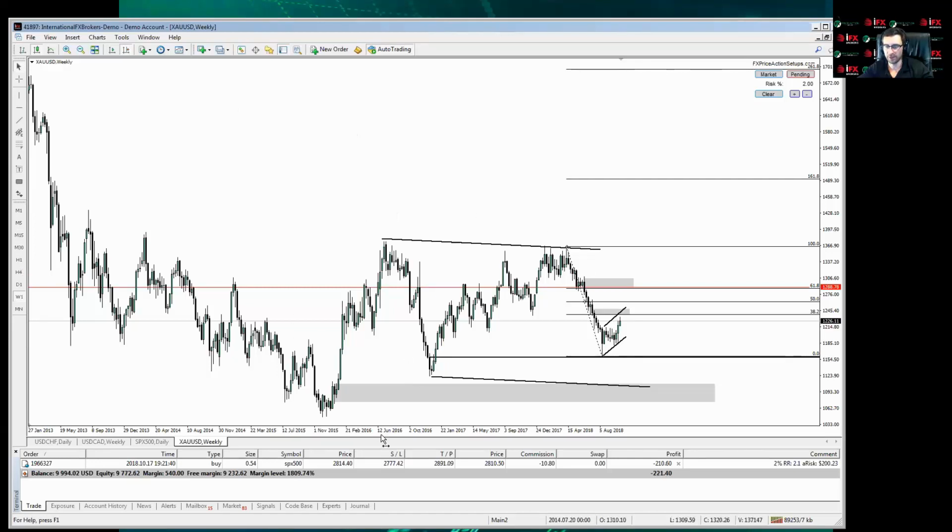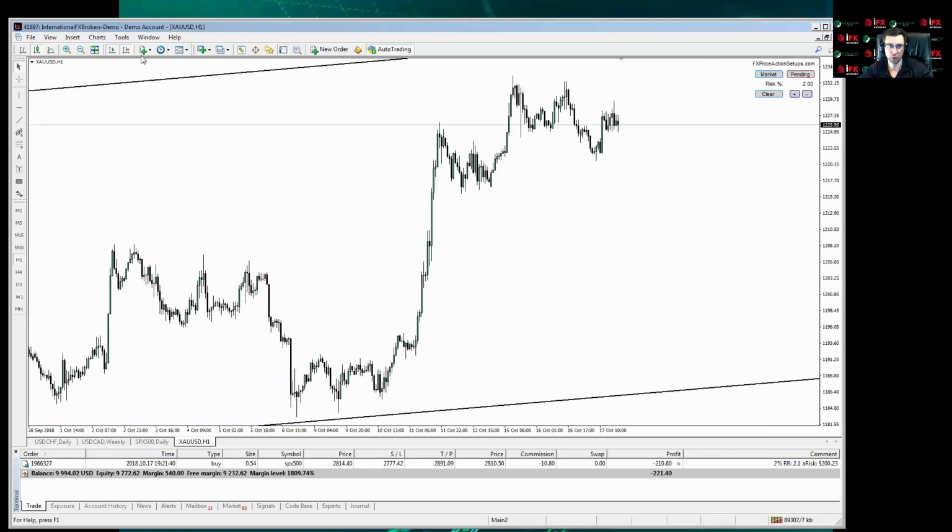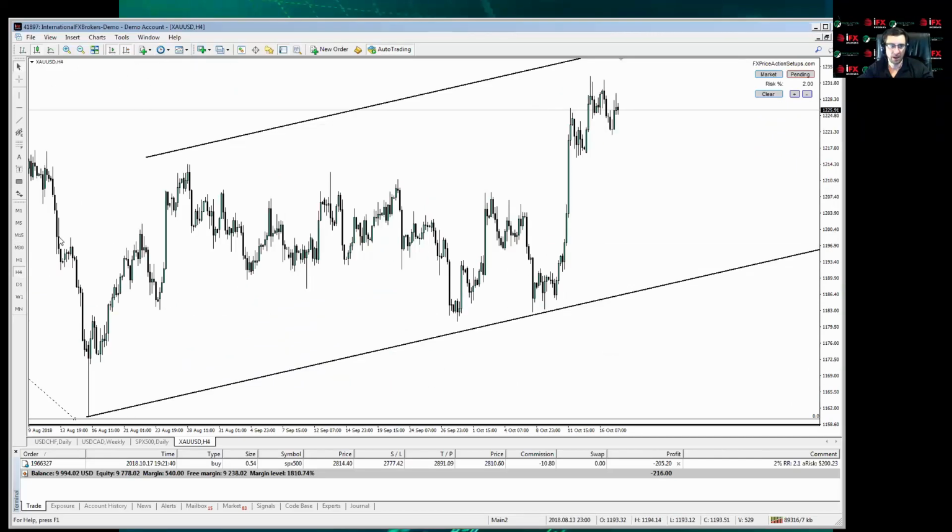Now the bigger pattern in this gold trade is also a bit of a regular flat, and we're actually expecting the market to come down one more time to about $1,100, to clear these lows into this sort of gray area here. Where it's going to turn, we've got a couple of theories, and we'll use price action to figure out where to get short this market for another leg down.